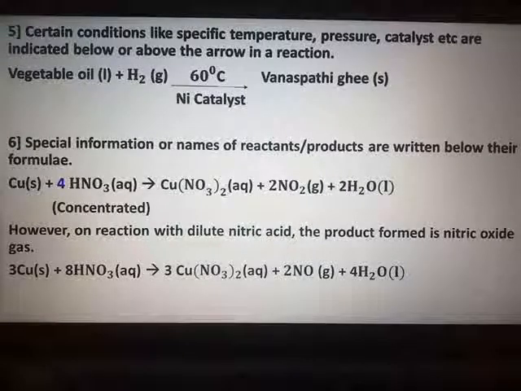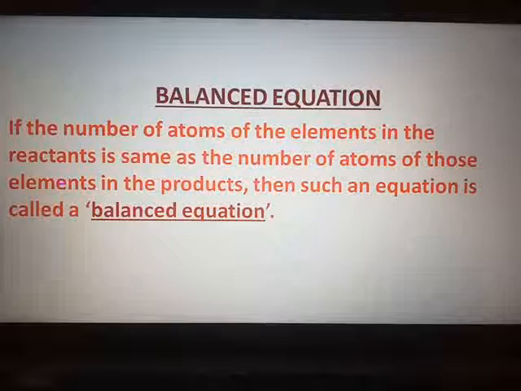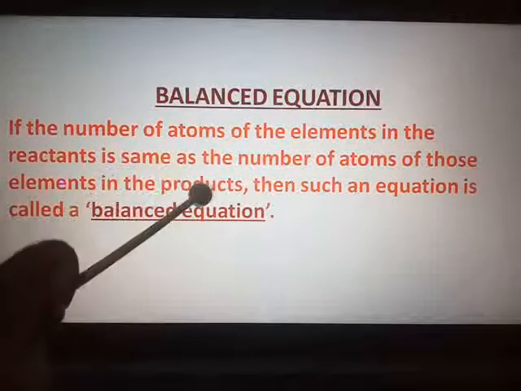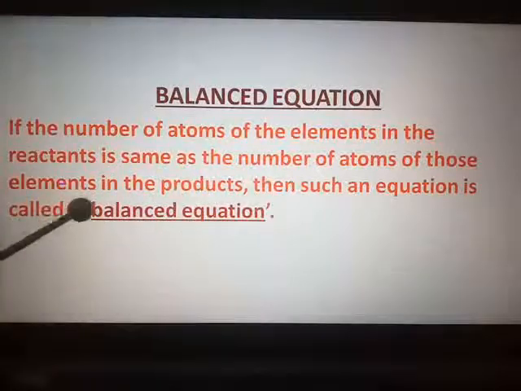After that, our next topic is, what is a balanced chemical equation? When can you say that your chemical equation is balanced? If the number of atoms of the elements in the reactants is the same as the number of atoms of those elements in the products, then such an equation is called a balanced equation.